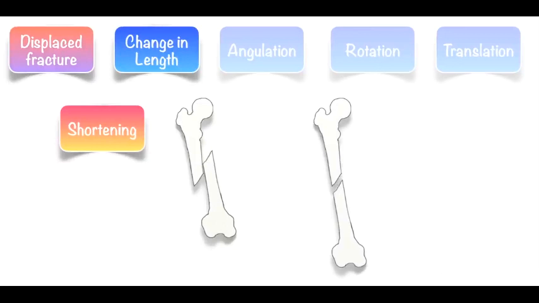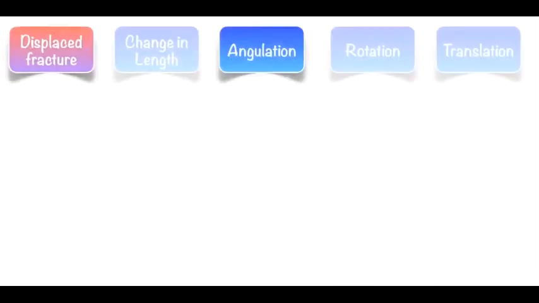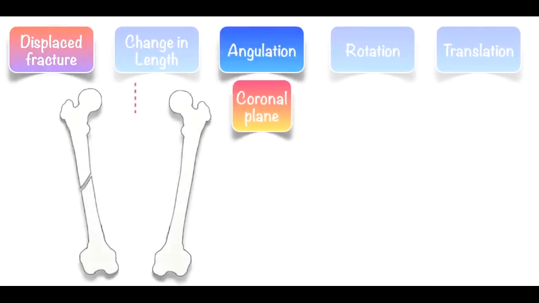C. Excessive traction may result in the opposite deformity, leading to distraction. D. Angulation. It is described in reference to the apex of the fracture in a coronal plane.